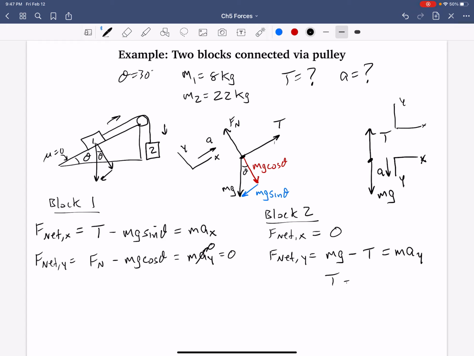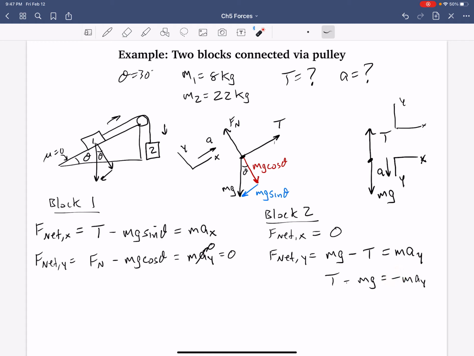That's the positive force. The gravity would be the negative one, but the net force would be negative ma, right? And so if you have your acceleration in the opposite direction to your positive axis, you will have a negative out front of your ma, right? So if you do that, do not forget that negative sign, right?